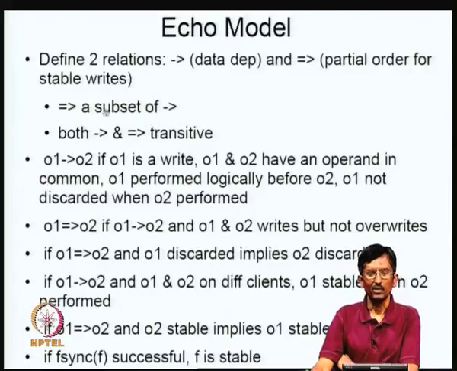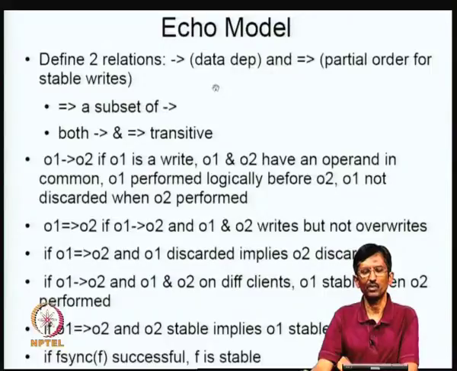Okay. So, it turns out this partial order for stable writes is a subset of data dependencies. It has to be, because if it is not dependent, then you can do it in any order. So, if it has to be ordered in a particular way, it is because there is a reason why certain things have to go in a particular order.